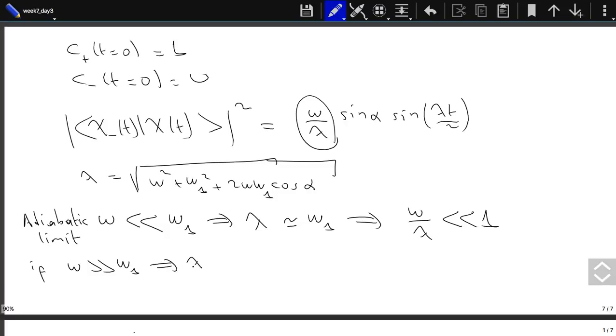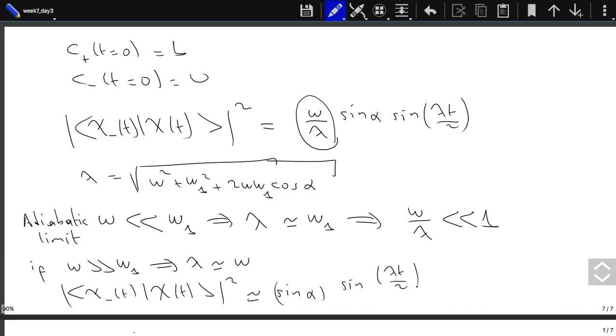That means lambda is around omega, and chi minus of t, chi of t squared is approximately sine alpha, sine lambda t over 2, where lambda is omega t over 2.